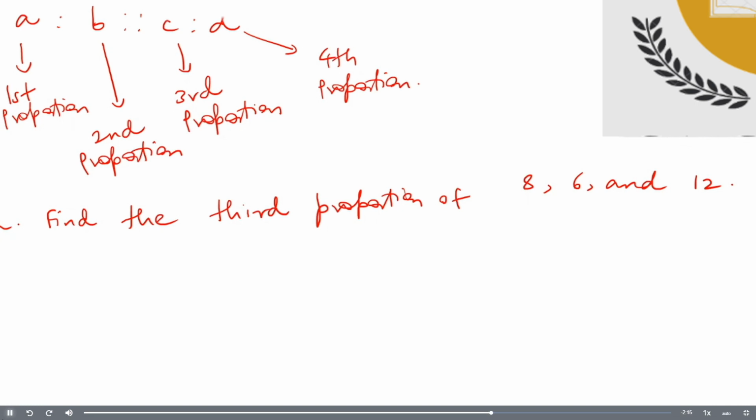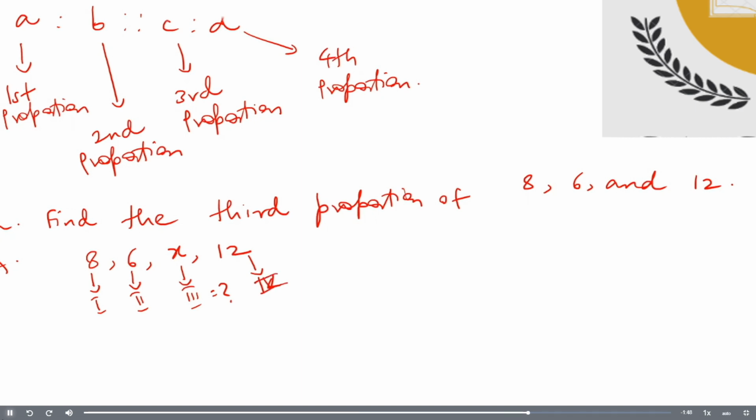Since they have mentioned that you need to find the third proportion, that means the third proportion is not given. So let me start with the answer here. Now 8, 6, third proportion and 12. This is the first proportion, this is the second proportion, this is the third proportion, and this is the fourth proportion.